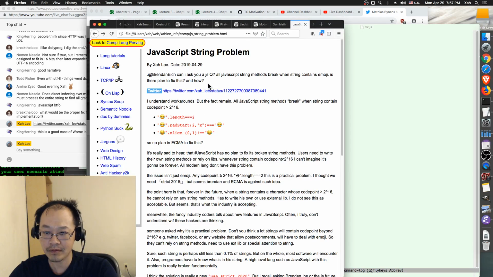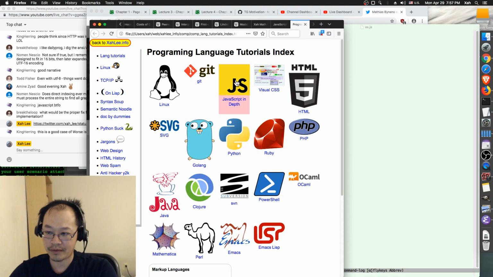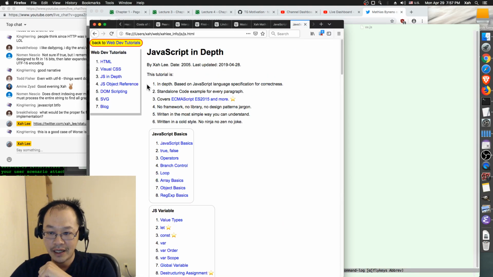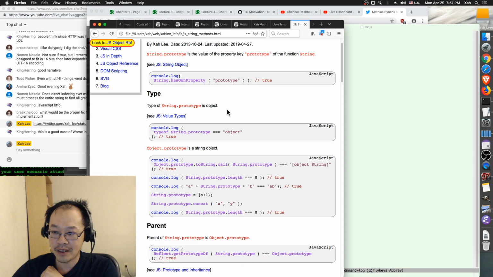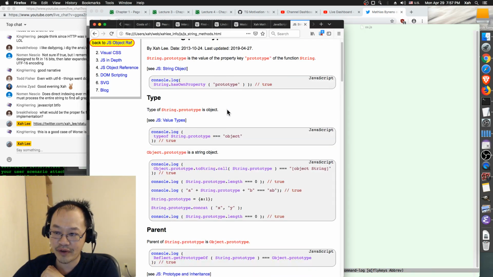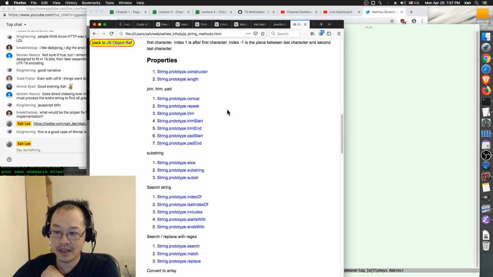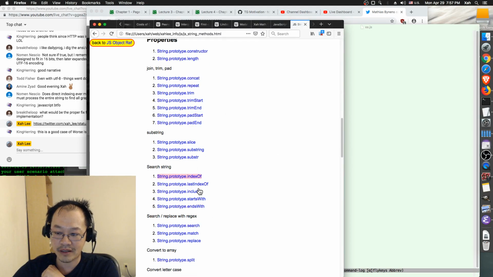Okay, let's go to my JavaScript tutorial, to the JavaScript object reference, and to string prototype. This is a reference on string prototype, and it shows all the string methods.